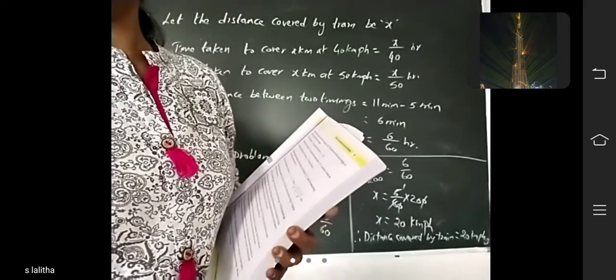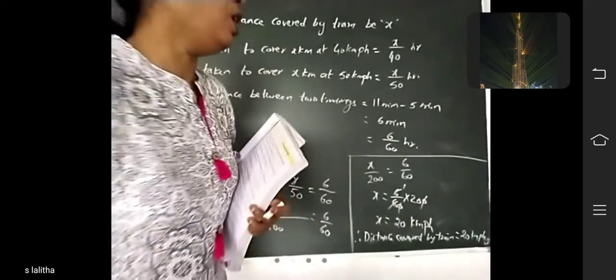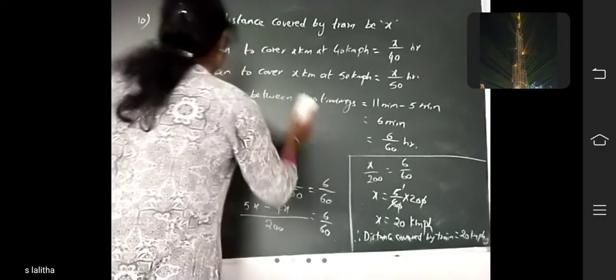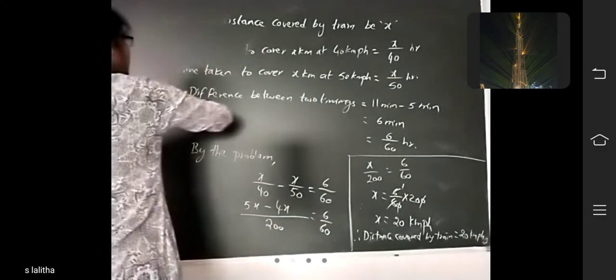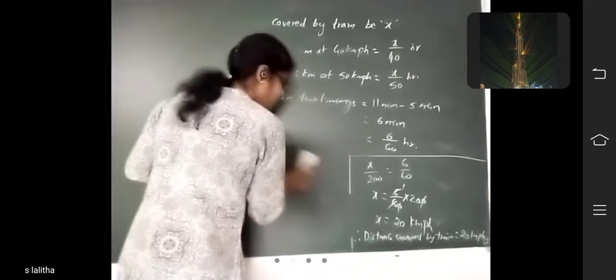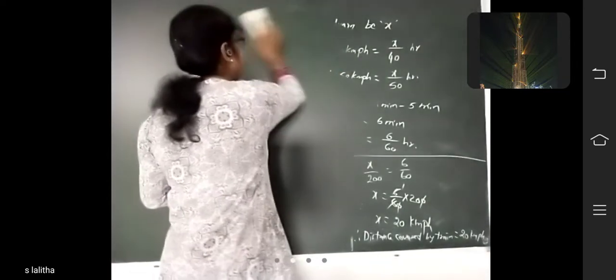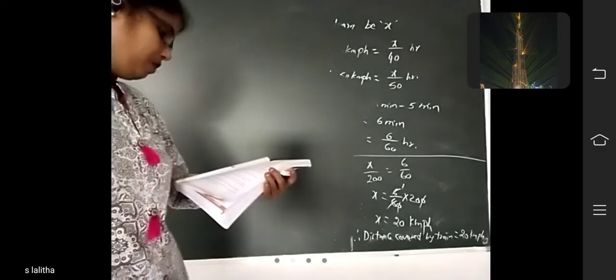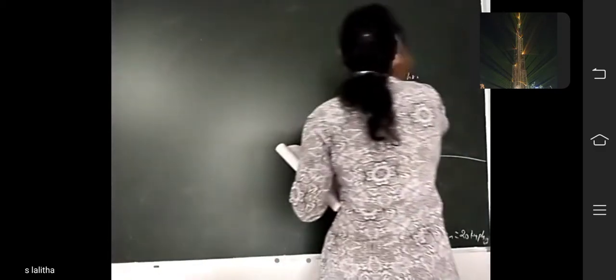So the total number of deer you have to find. We don't know how many deer are there. So that's why we have to take x. In that total number of deer, 1/4 of the deer go to the forest, and 1/3 of the total number of deer is going to the field, and next 15 deer are drinking water.